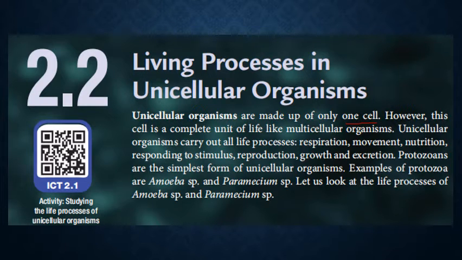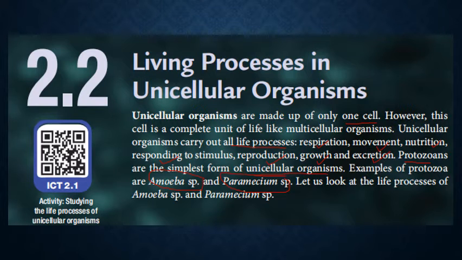Unicellular organism carry out all life processes, namely respiration, movement, nutrition, responding to stimuli, reproduction, growth, and excretion. One example for unicellular organism is protozoans. Examples are amoeba and paramecium species.